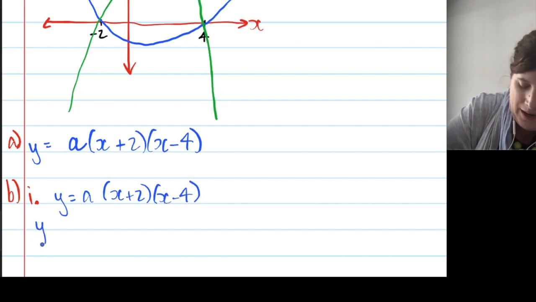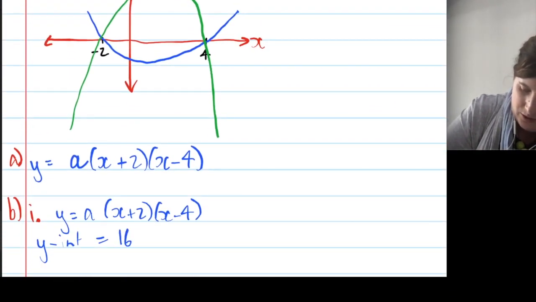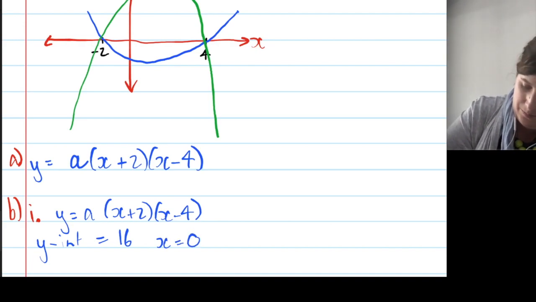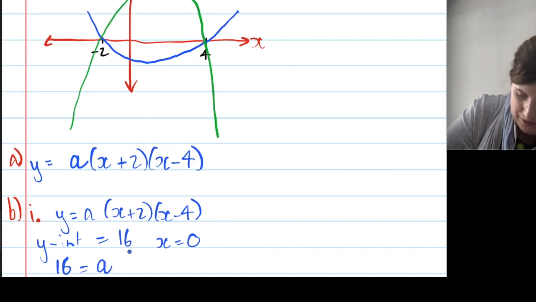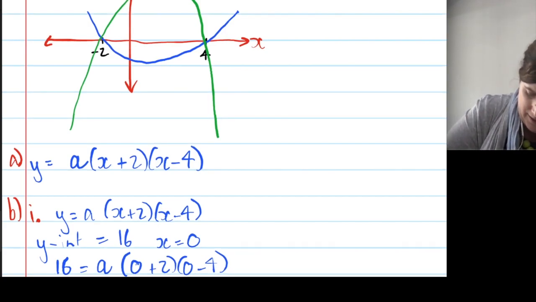They've said the y-intercept is positive 16. So at the y-intercept, x equals 0. That's the important thing with y-intercepts. So I know that positive 16 equals whatever this number out the front is, times 0 plus 2, times 0 take 4. So 16 is the same as A times positive 2 times negative 4.